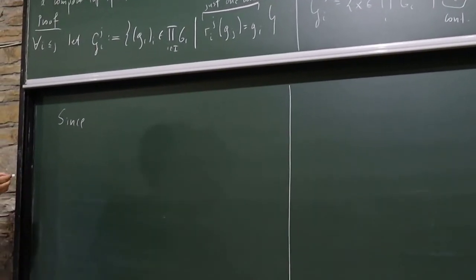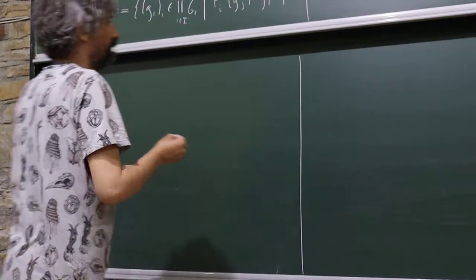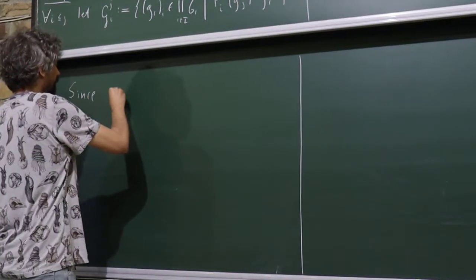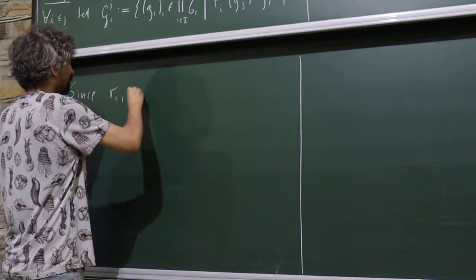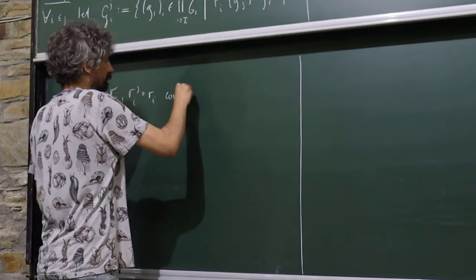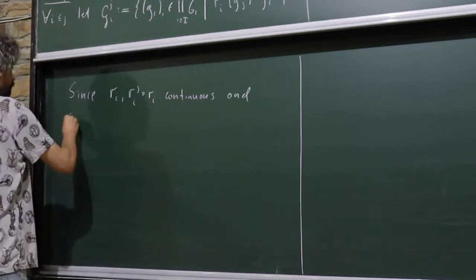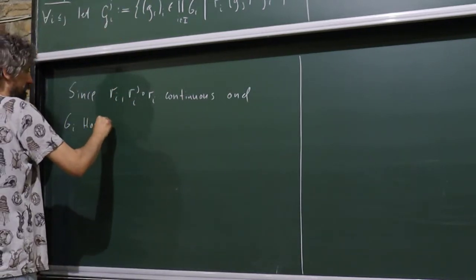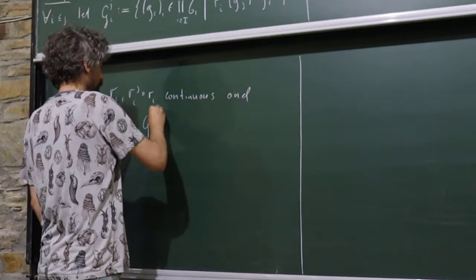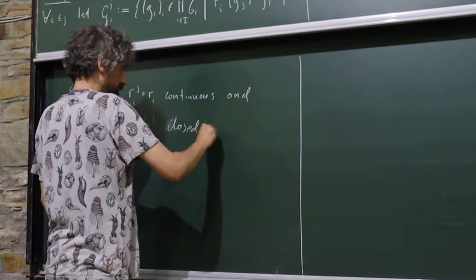But it is often forgotten. If it was not Hausdorff for some reason, it would break. Which in reality doesn't happen that much, but it's good to know what is used. So since R_ij and the projections are continuous and G_i is Hausdorff, we get that G_ij is closed. So that's the end.